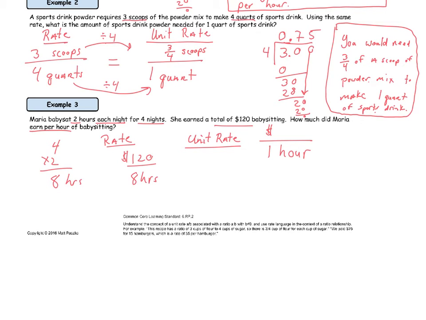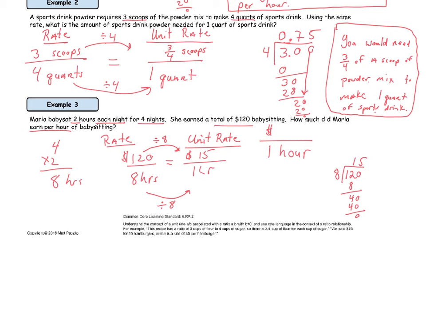So based on this rate of $120 over 8 hours, we can find the unit rate by dividing 120 by 8. When I divide 120 by 8, I get a quotient of $15. That tells me that my unit rate is $15 for every 1 hour.